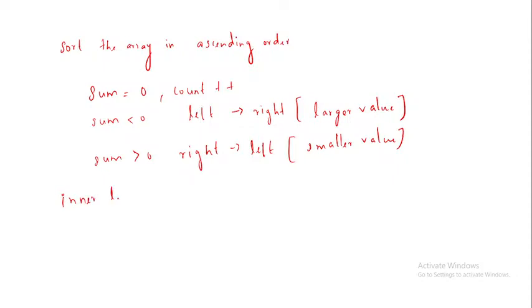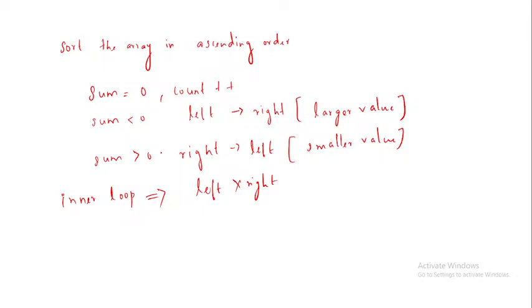The inner loop will stop executing when the left and right pointers meet. Once the left and right pointers meet, the inner loop will stop, and the outer loop will continue until the third to last element.